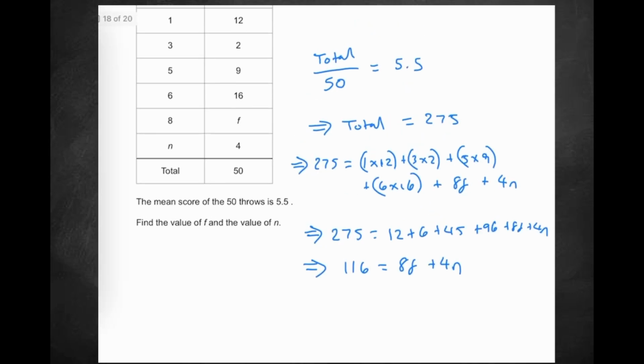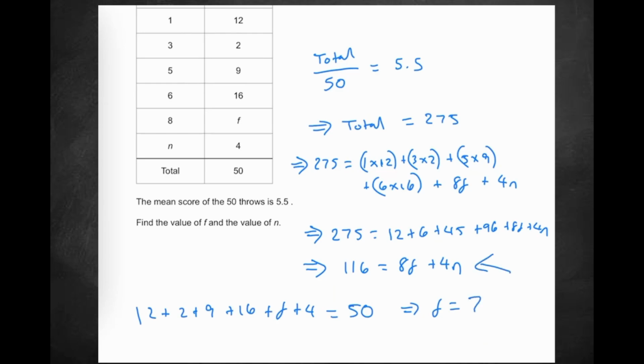Now what we also know is that 12 plus 2 plus 9 plus 16 plus f plus 4 equals 50. Therefore, f equals 50 minus 4 minus 16 minus 9 minus 2 minus 12, 7.